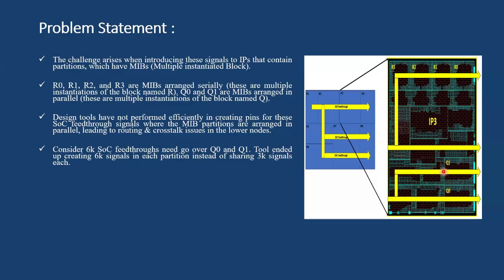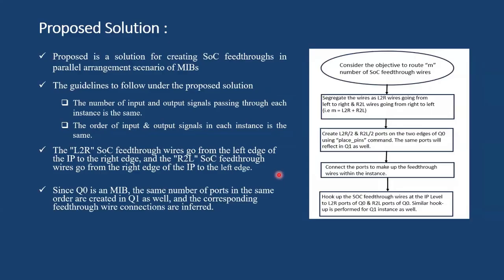So instead of sharing 3K signals each between these two partitions, it creates additional ports, which in turn creates routing issues. Because these signals travel a long distance, it also creates a crosstalk impact. Especially we see a lot of crosstalk impact in the lower nodes.